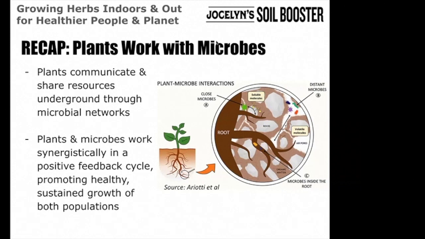So really critical to appreciate that this is what's happening in the soil, and that plants in fact don't get their nutrients directly from the mineral matter, and they need to have that middleman. They need to have those microbes, otherwise they're really out of luck.